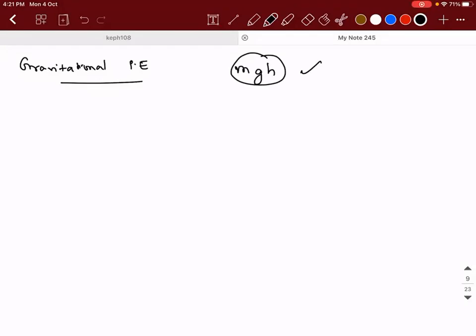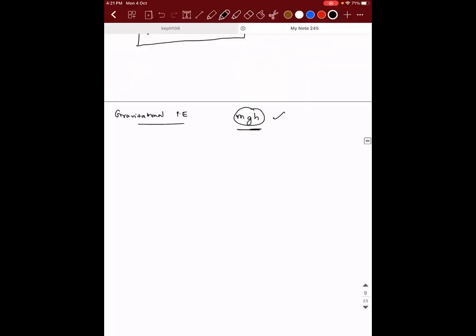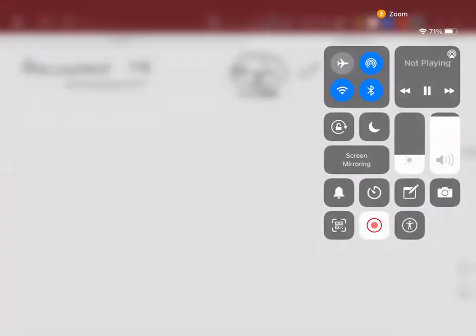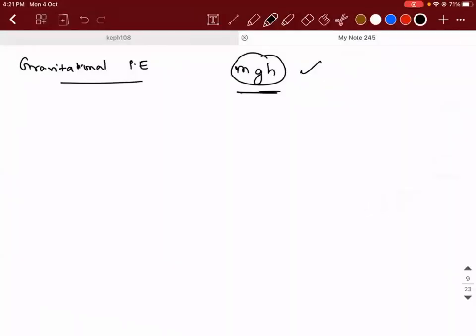Now you have learned one important concept with respect to one of the parameters involved in this equation. What is it? So in this mathematical expression, there is one of the important things that we have discussed till now. It is the acceleration due to gravity.